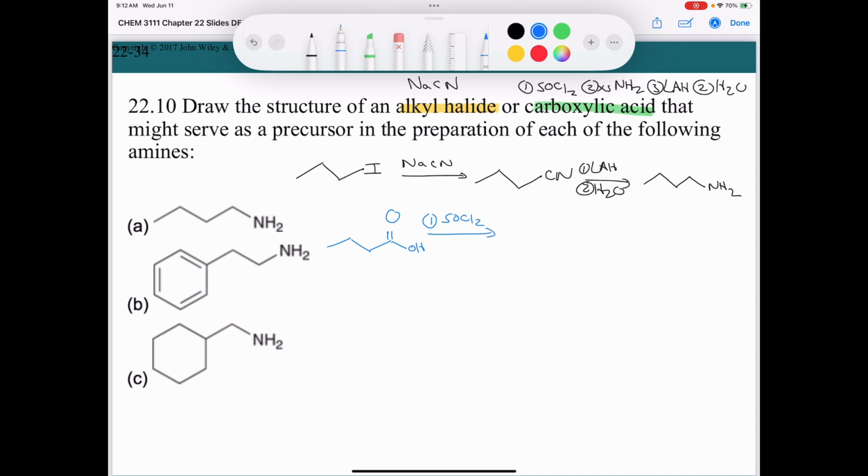Step 2, we're going to treat it with our excess ammonia. And that's going to give us our primary amide. Then we're going to reduce that with lithium aluminum hydride, followed by water. And that's going to give us our product, just like that. So both are perfectly reasonable ways to make this compound.